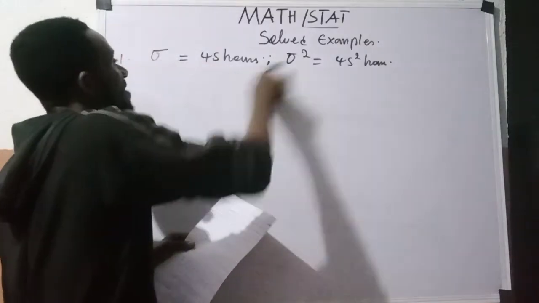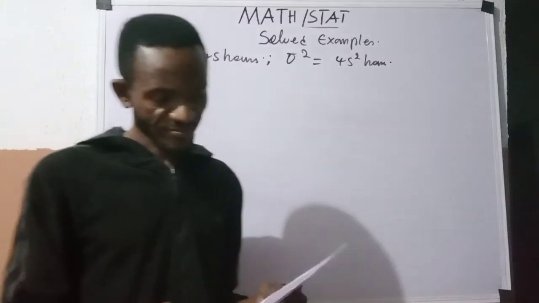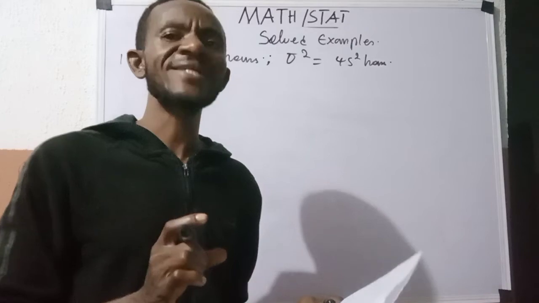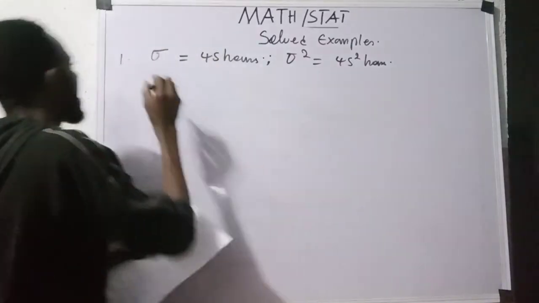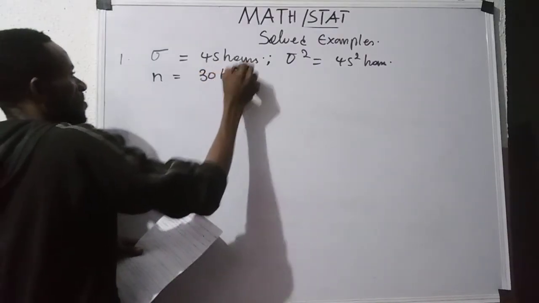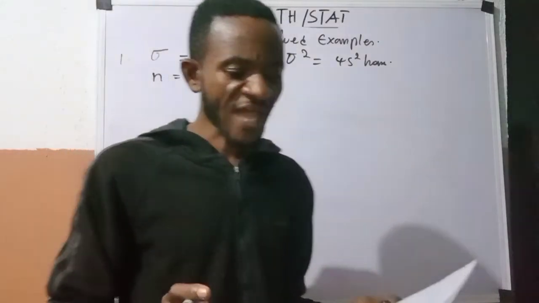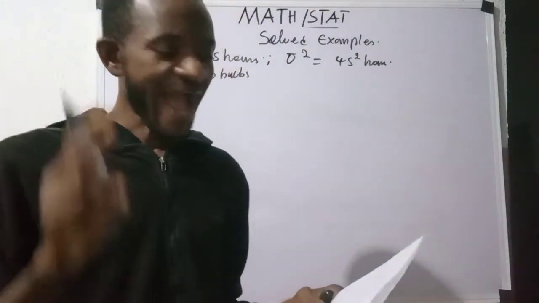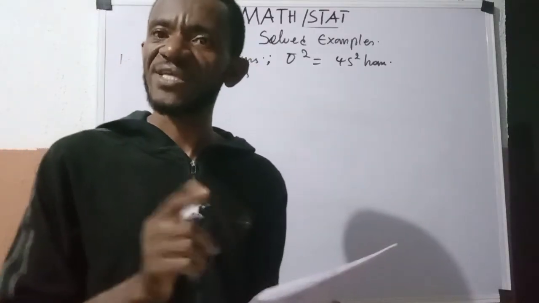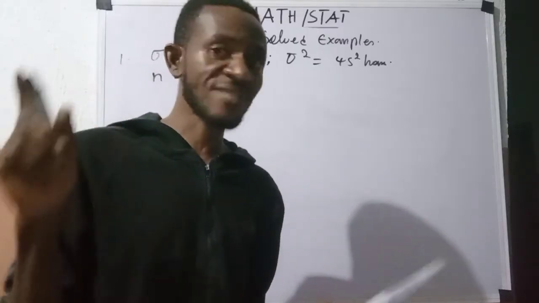Because, of course, sigma is the square root of the variance. So I read on. If a random sample of 30 bulbs, so my n equals 30 bulbs, has average life of 770 hours, remember that average is mean and mean is x bar.